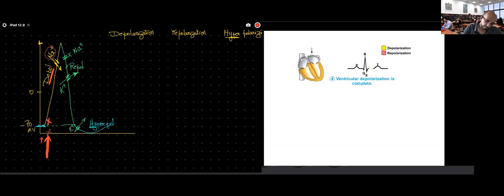How about here? While I'm closing during early repolarization, you've got the same very strong stimulus. What do you think? During early repolarization, again, what am I doing? I am closing the sodium channels. What's going to be the response here in this case?